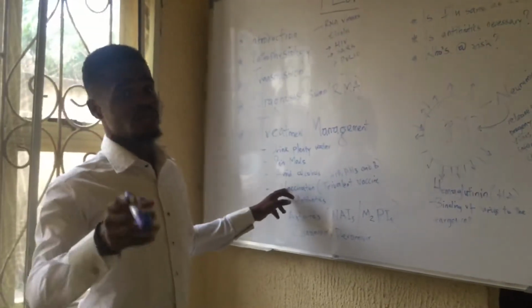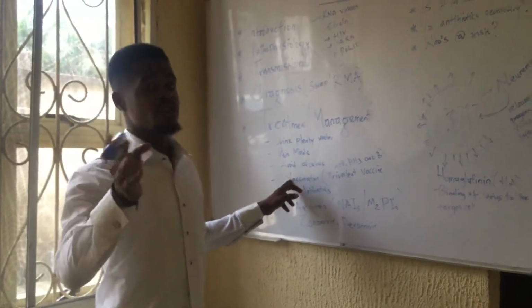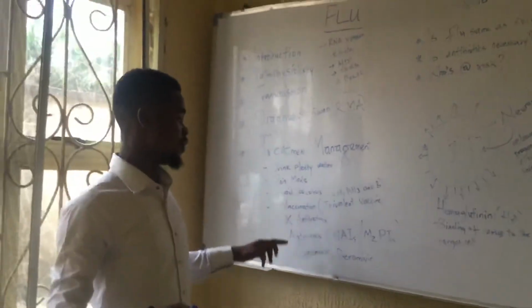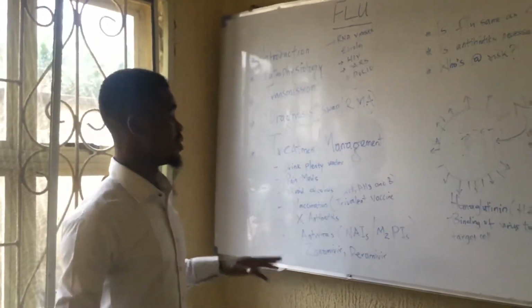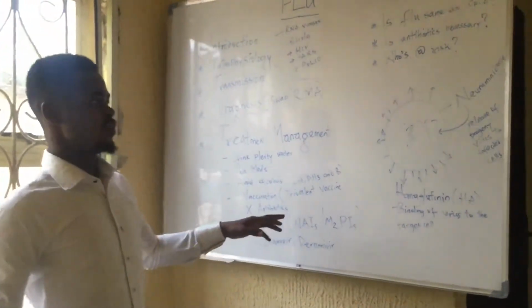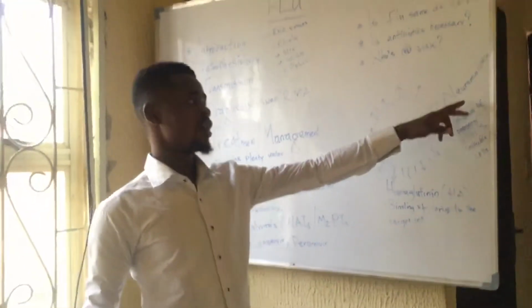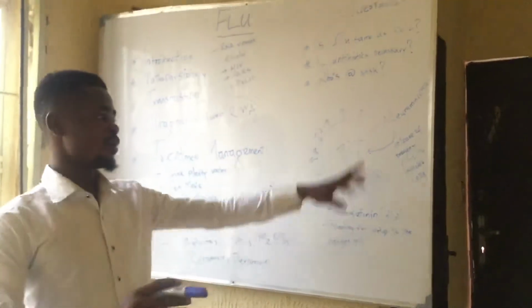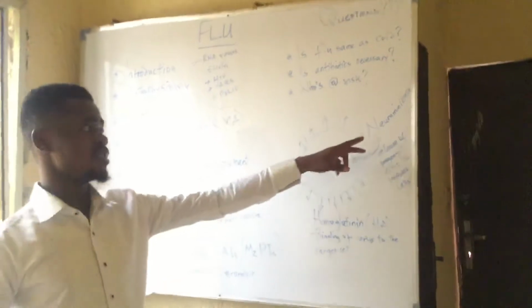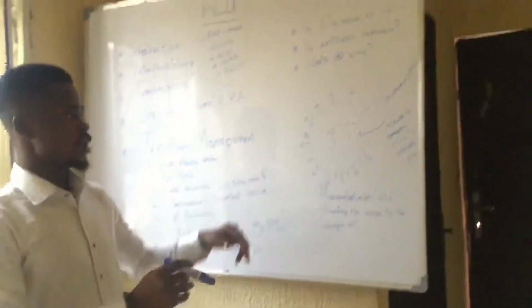Looking at vaccination, we're looking at prevention. But in the treatment of this, we're looking at antivirals. If you go back to the pathophysiology, we're looking at the NA inhibitors.